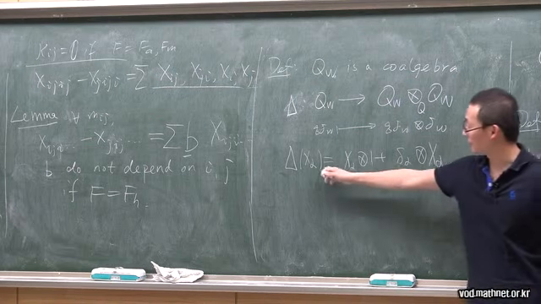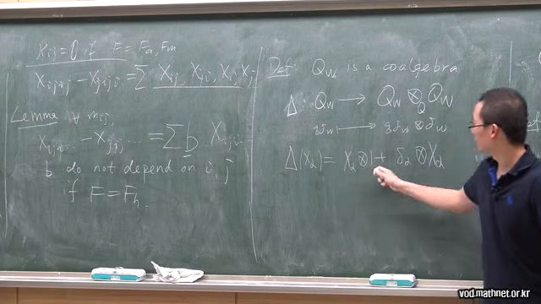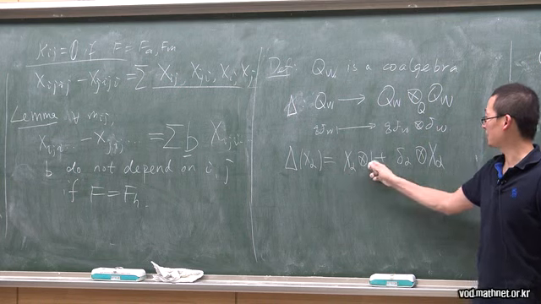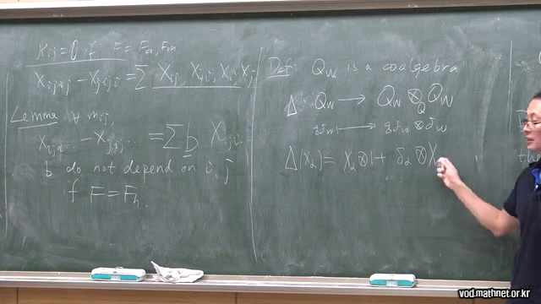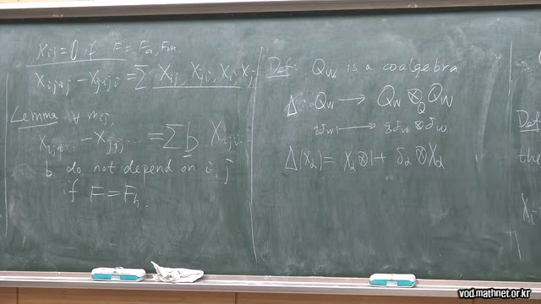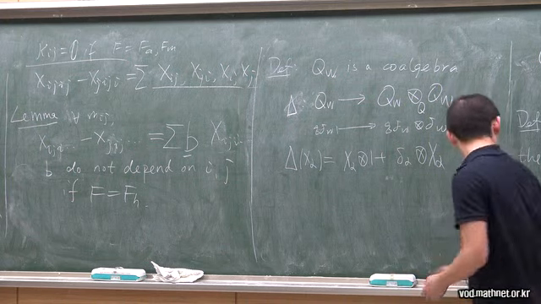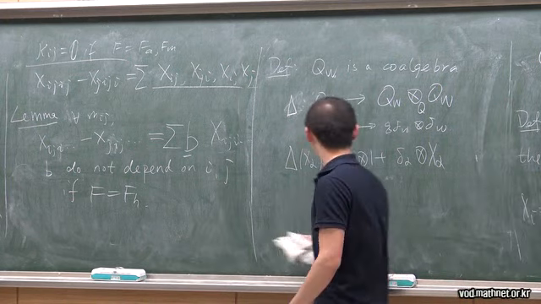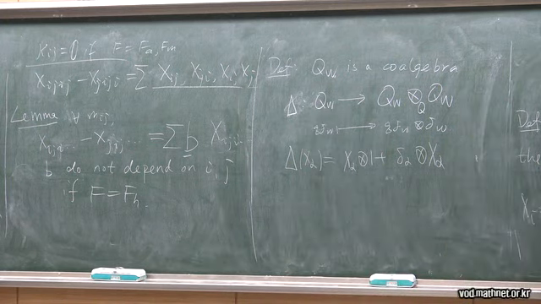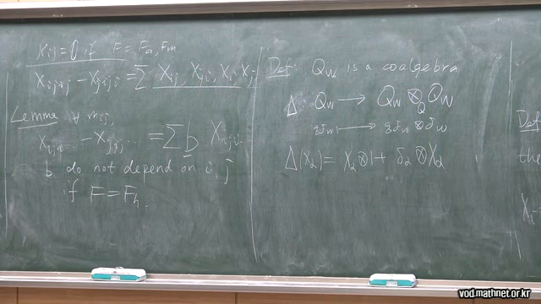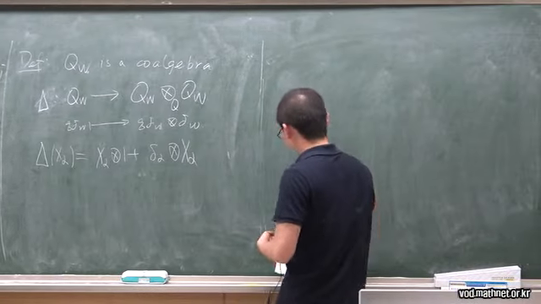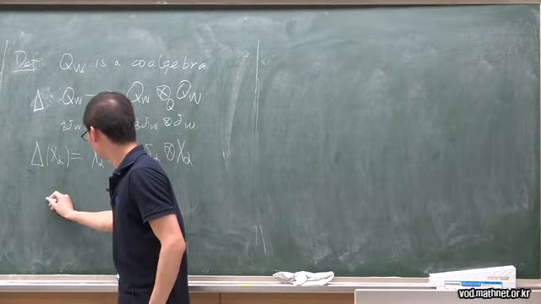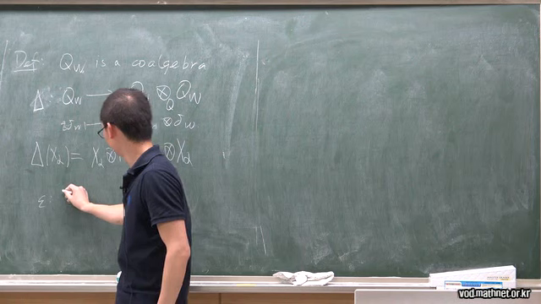For instance, if you apply this on PQ, then you have x alpha on P times Q, and delta alpha on P with x alpha on Q. So this coproduct precisely comes from the twisted Leibniz rule. That's not a surprise. And now I said it's a coalgebra, so it should have a counit. A coalgebra may not have a counit, but this is a coalgebra with counit. The counit is this one, epsilon.